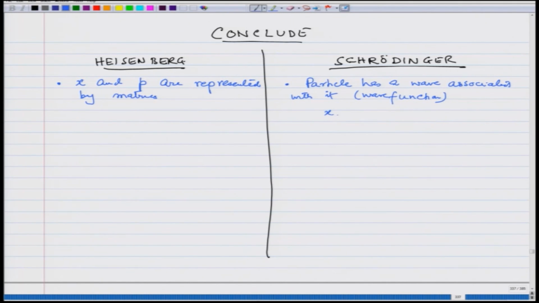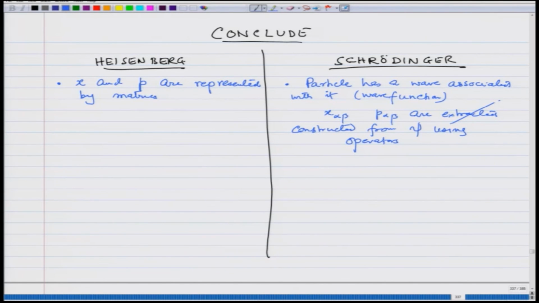x alpha beta or x mn and p alpha beta are extracted, or I will use constructed, from psi using operators.